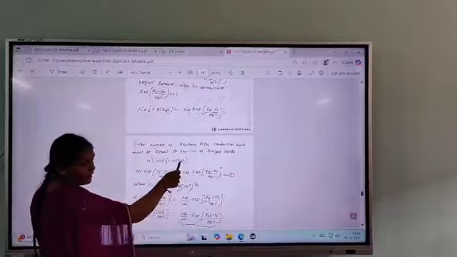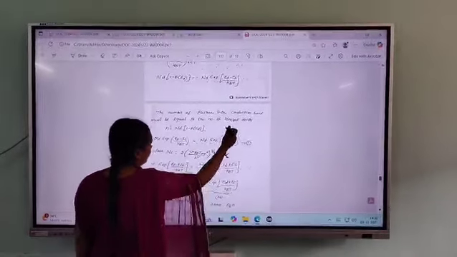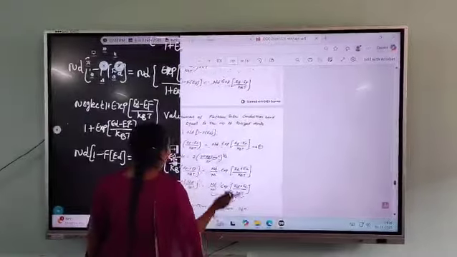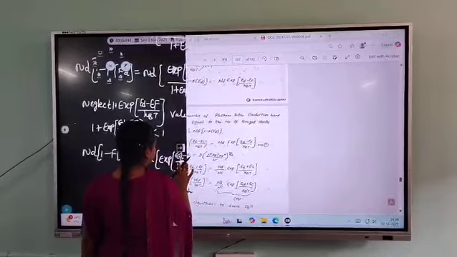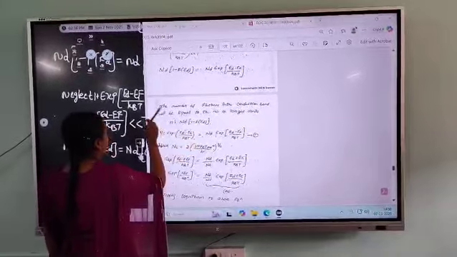Next, the number of electrons in the conduction band must be equal to the number of ionized donors. N is equal to Nd into 1 minus F of Ed.